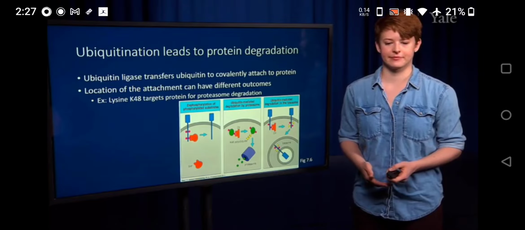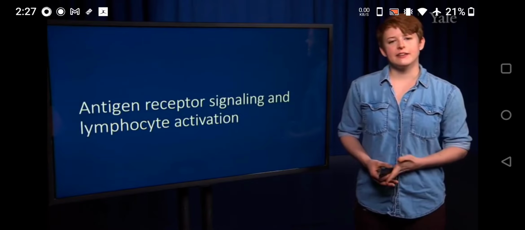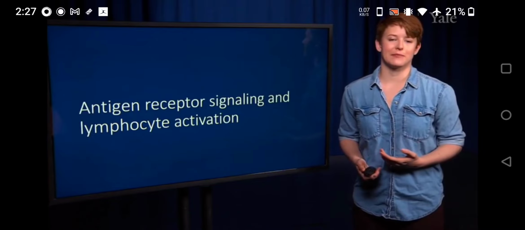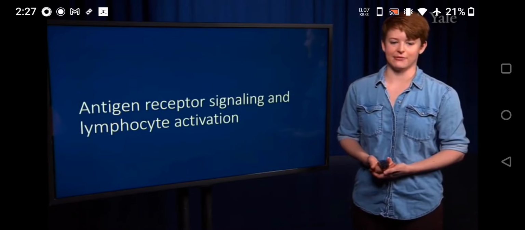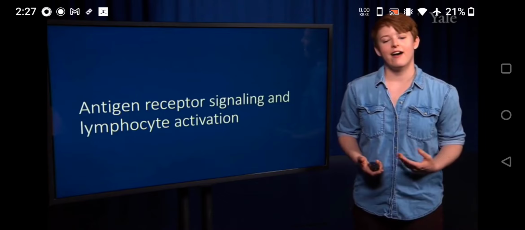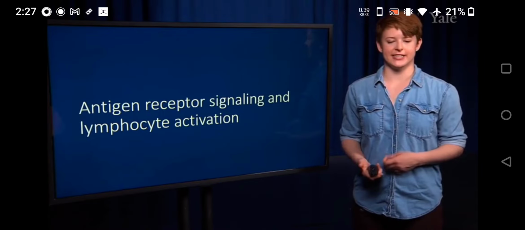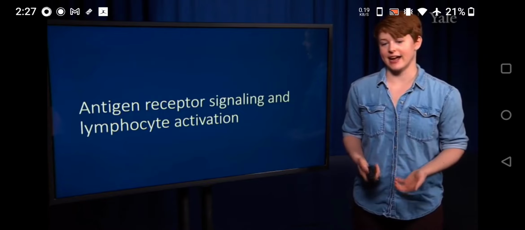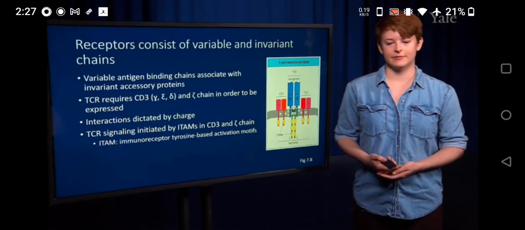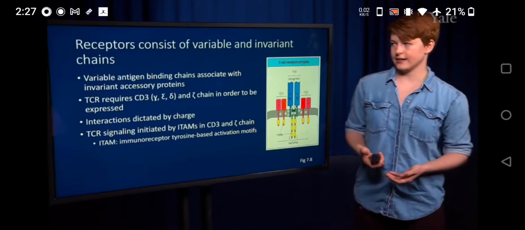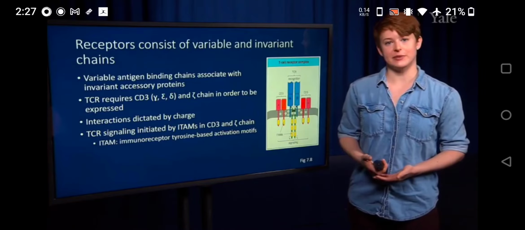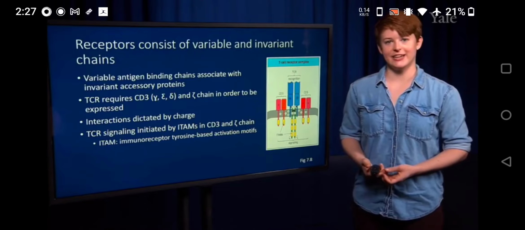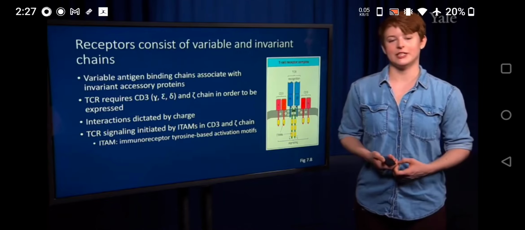So now that we've gone through a few components of different signaling pathways, we'll focus specifically on how antigen receptor signaling leads to lymphocyte activation. These receptors consist of a variable chain which recognizes antigen and an invariant chain which helps with the signaling pathway.